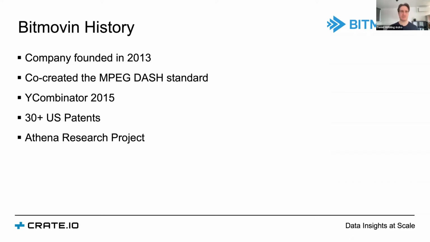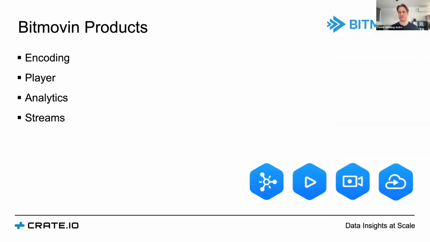As a company, from a product perspective, we have 4 products. We have the Bitmovin encoding, the player, the analytics, and Bitmovin Streams. Encoding obviously is a product that you need to be able to share video online in a streaming format. So everything that you take with your iPhone is not by default streamable.